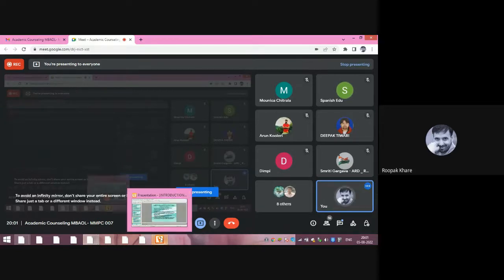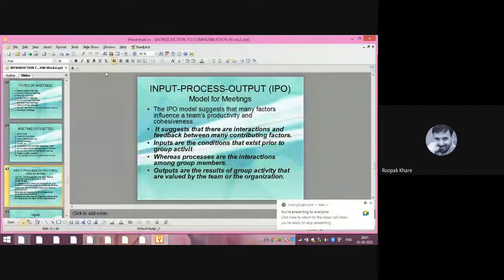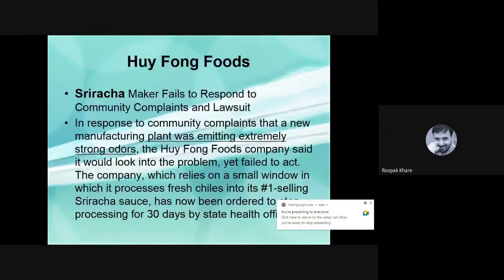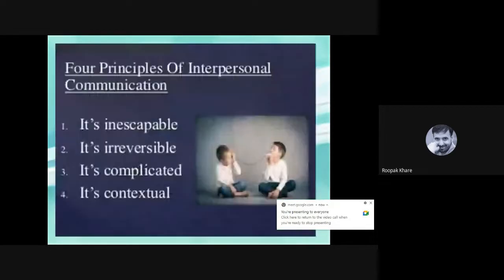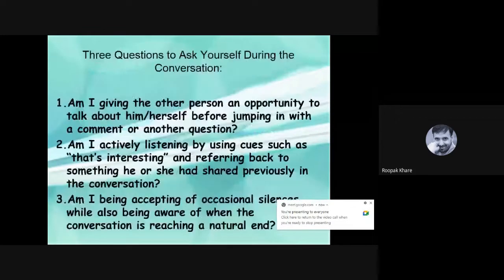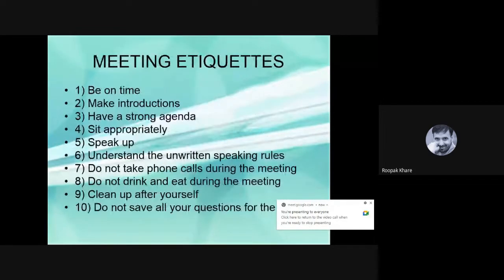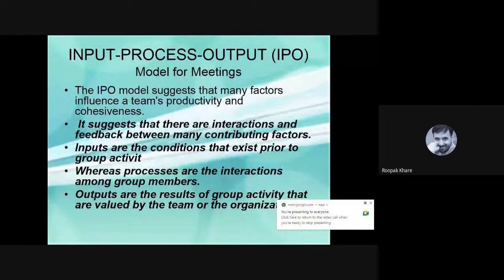Let's get back to the presentation. For meetings, there is a model. How should you conduct meetings? How should they happen? The IPO model, the input process output model, suggests that many factors influence a team's productivity and cohesiveness.